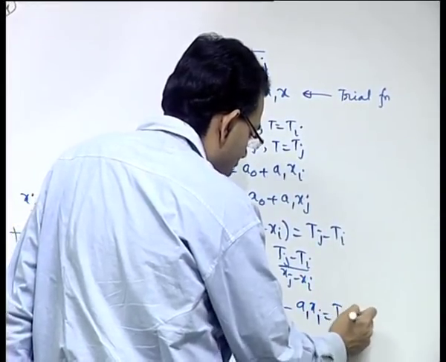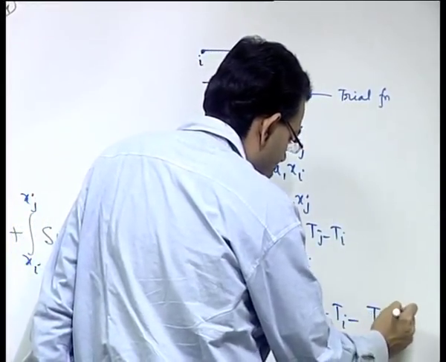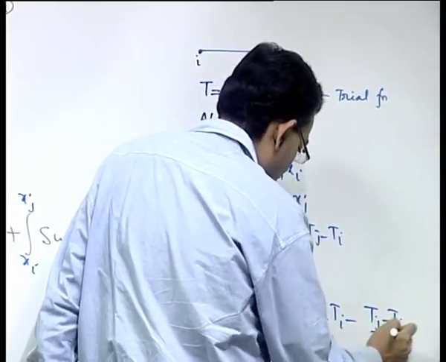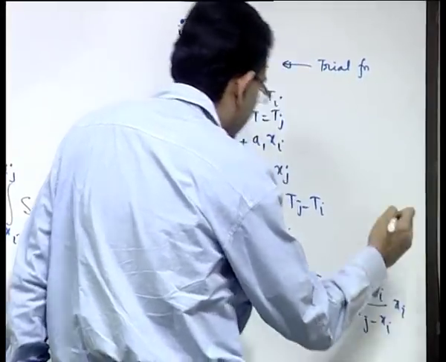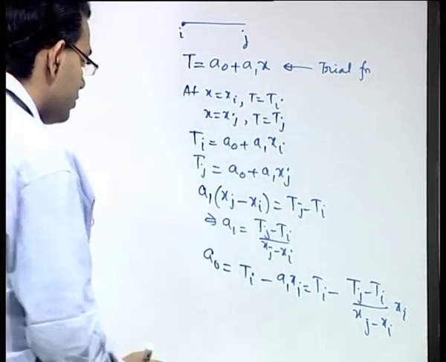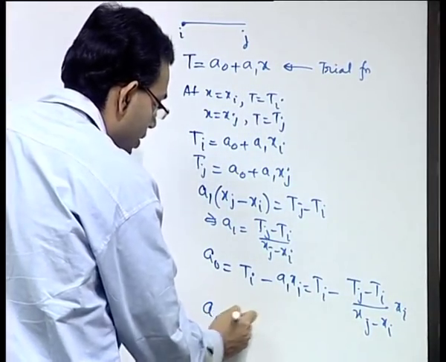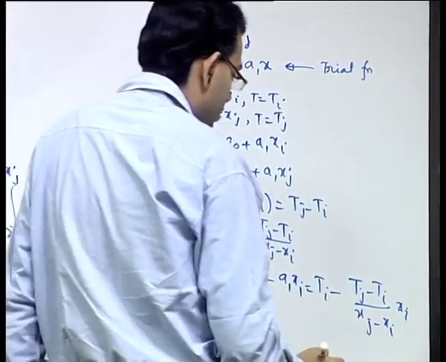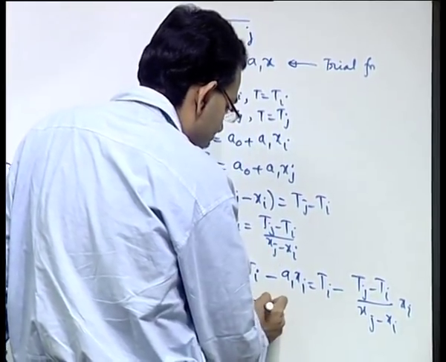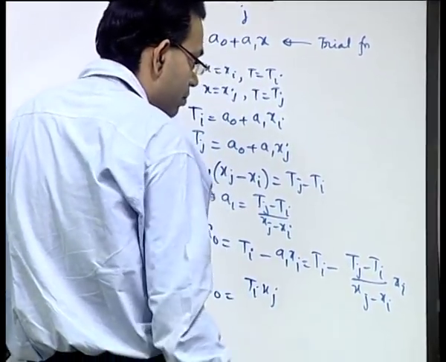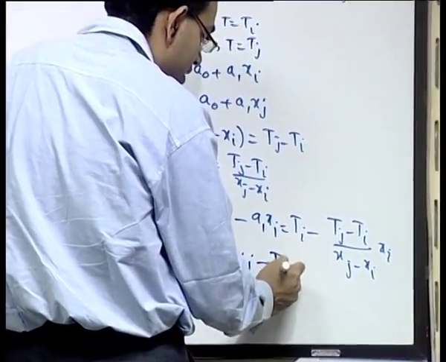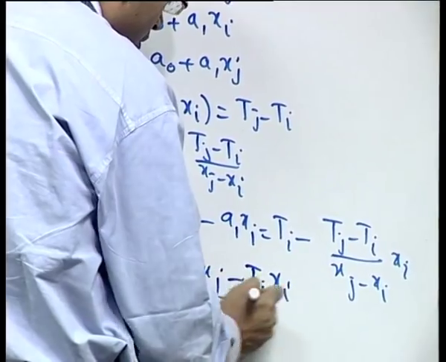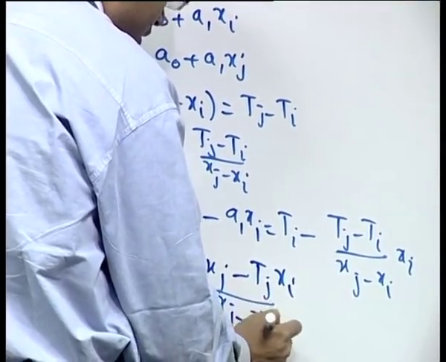So, Ti minus (Tj minus Ti) by (xj minus xi) into xi. So, a0 will be Ti xj minus Ti xi plus Ti xi will cancel. So, minus Tj xi by (xj minus xi).